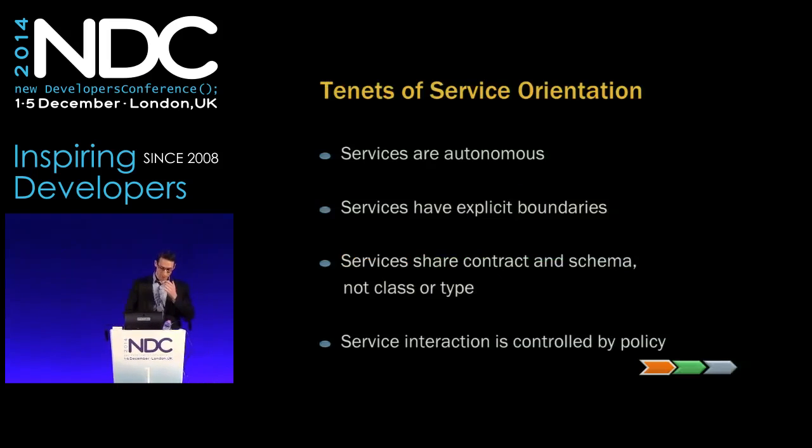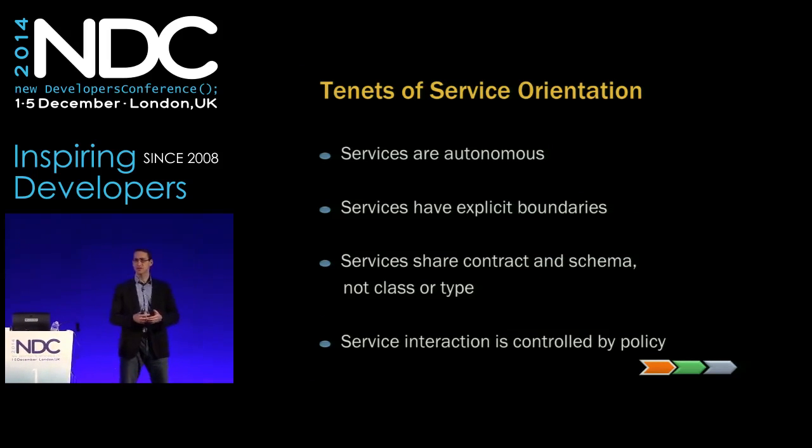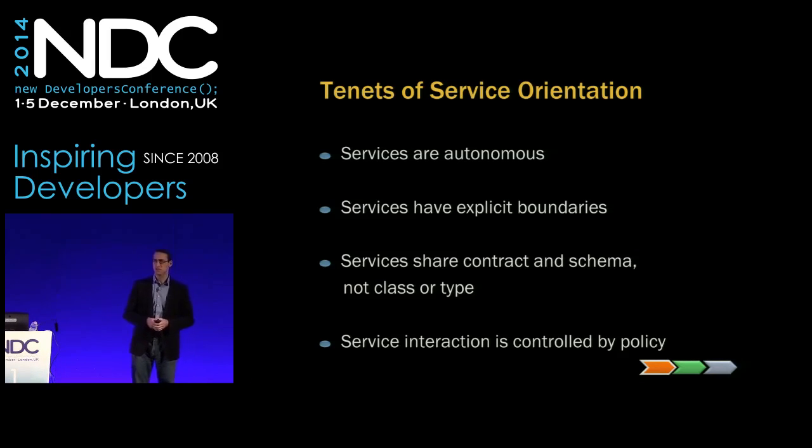So let's jump right into the stuff that you've probably all heard a million times before, the tenets of service orientation. Services being autonomous, having explicit boundaries, et cetera, et cetera. You've probably seen that kind of stuff before. The thing about services is the word itself is actually meaningless.